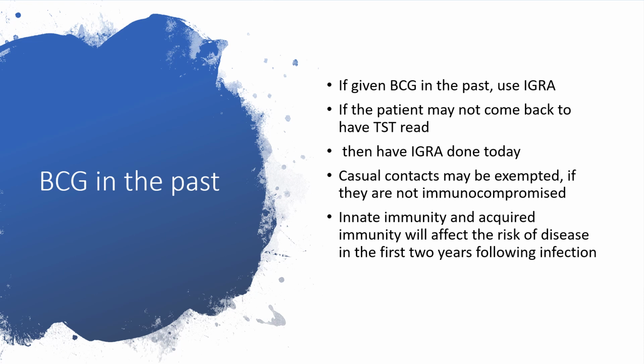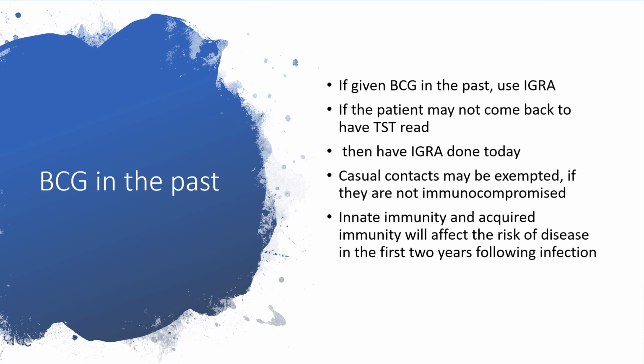If the patient was given BCG in the past, because we've come across this all the time, and some people will be complaining the doctor didn't take into cognizance that I had BCG when I was a child, use IGRA today so that there won't be any argument anywhere. If the patient may not come back to have your tuberculin skin test read, use IGRA today.